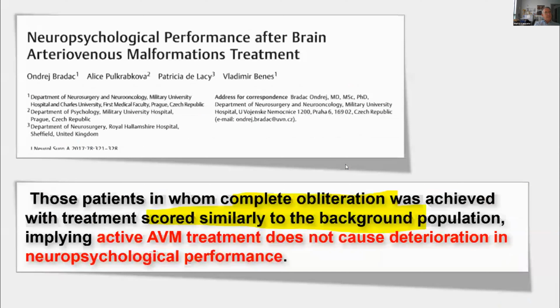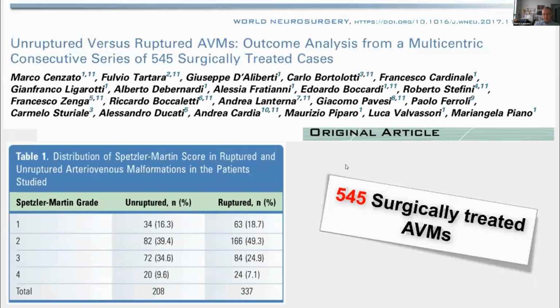Then this is another paper that says that neuropsychological performance after brain arteriovenous malformation treatment in children does not show deterioration. So there is no high fear to treat a child, and we consider that it's better to treat.